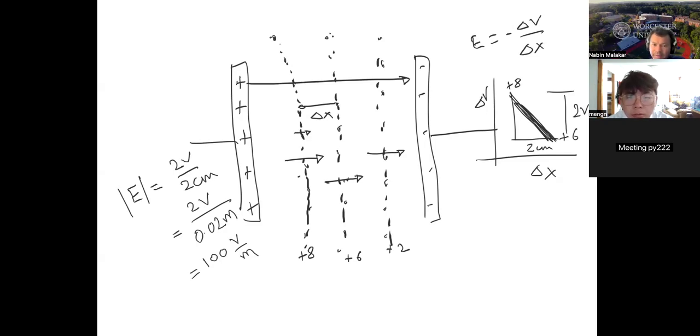How do you normalize drawing this line versus that big line? Because electric field is definitely going from positive to negative, but the question is for every electric potential line, you need to draw an electric field. How long, how big should that be? That's the question.